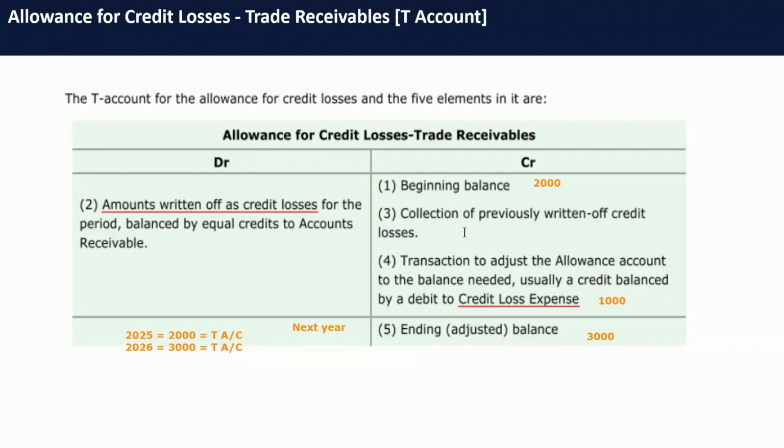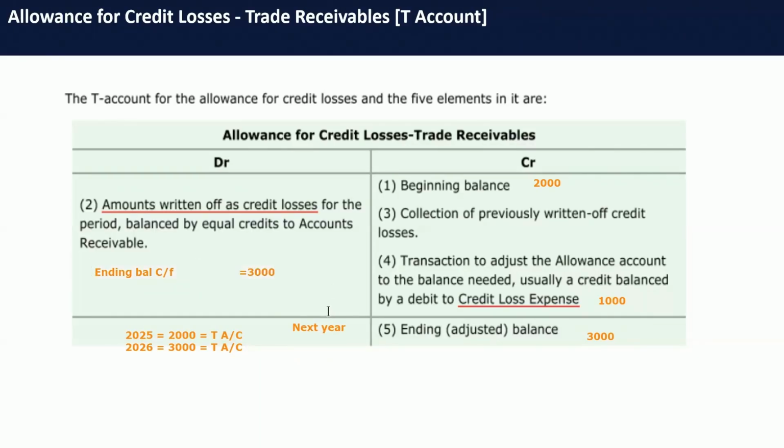How this account works is, when you have the beginning balance on the credit side, you will have your ending balance on the debit side. That is how you carry it forward. Ending balance carried forward. Now, when you have 2000 here and you need to carry your ending balance forward, it should be 3000, isn't it?